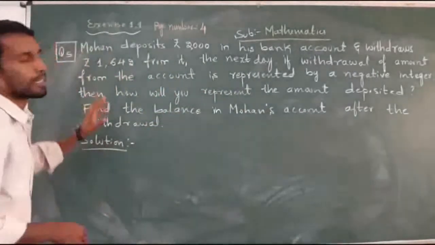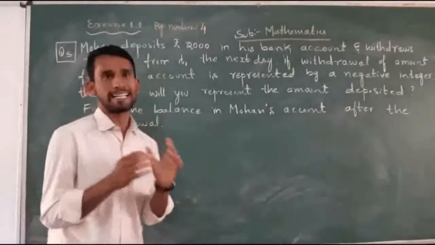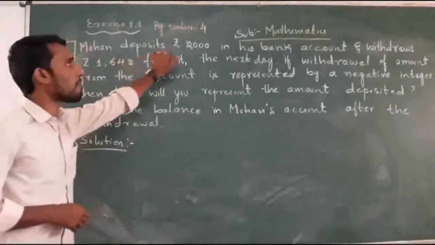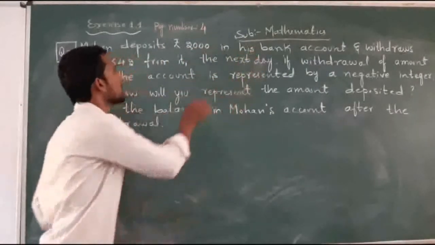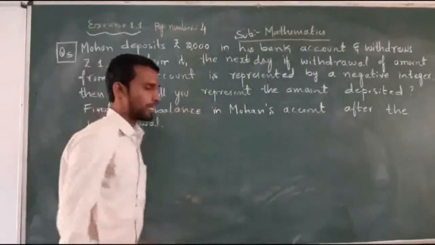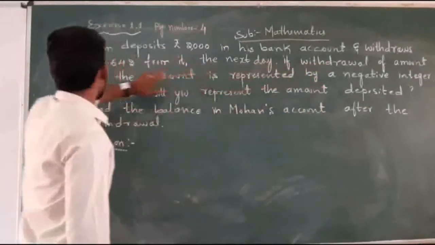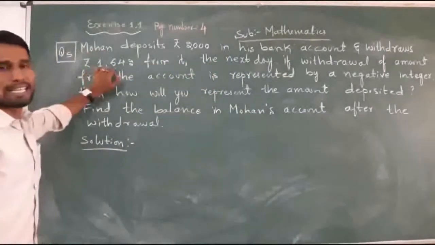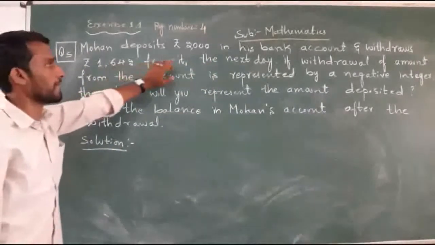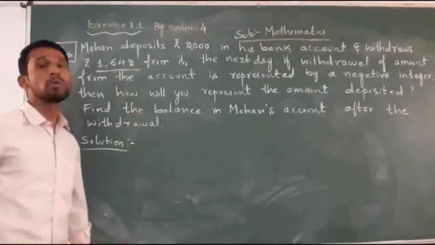See here, first, before solving the problem, we have to understand the question correctly. See here, Mohan deposits 2,000 rupees in his bank account. This 2,000 rupees we have to take as a positive integer. And next, from his bank account, he withdraws 1,642 rupees. We have to take this amount as a negative integer.